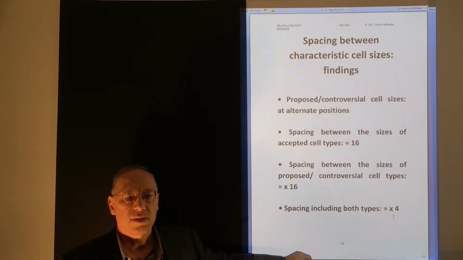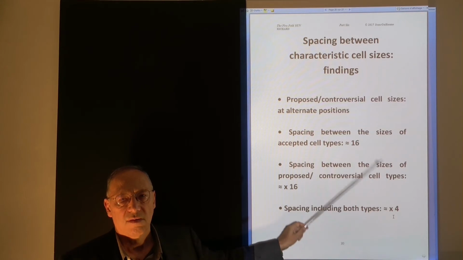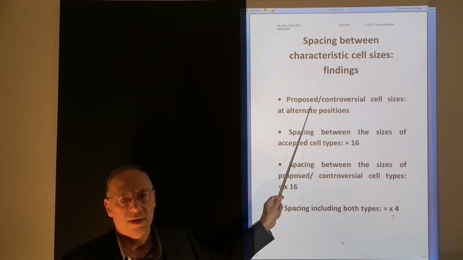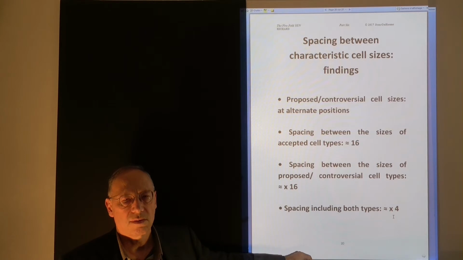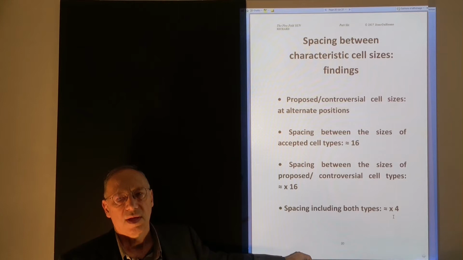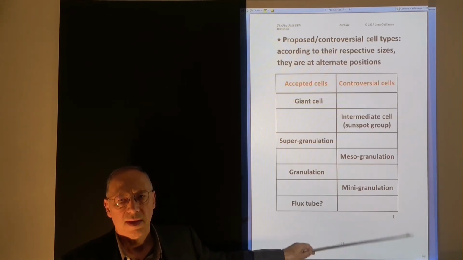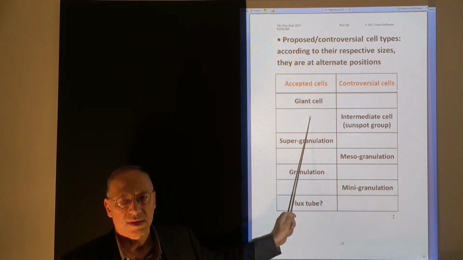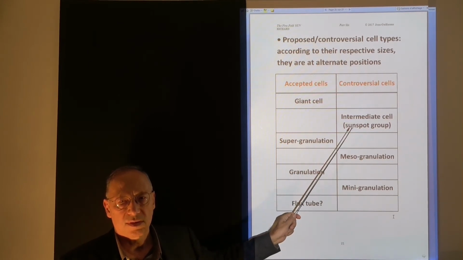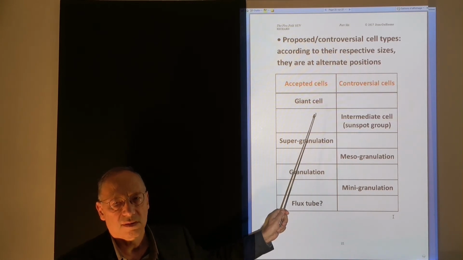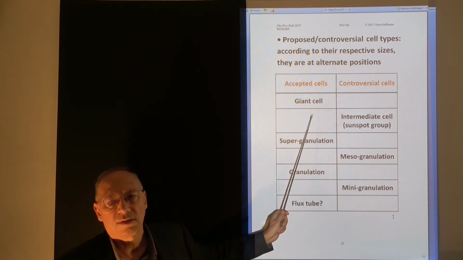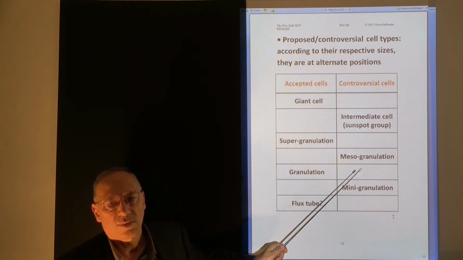Now we can try to see if there is a special kind of spacing between the characteristic cell sizes. First of all, we will find that the proposed or at least partly controversial cell sizes, as opposed to the accepted cell sizes, are at alternate positions. You see, these are the accepted cells, and the controversial cells, which are not accepted by all authors in the literature, are at alternate positions.